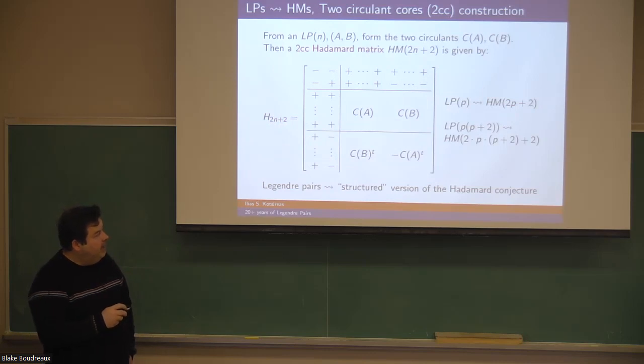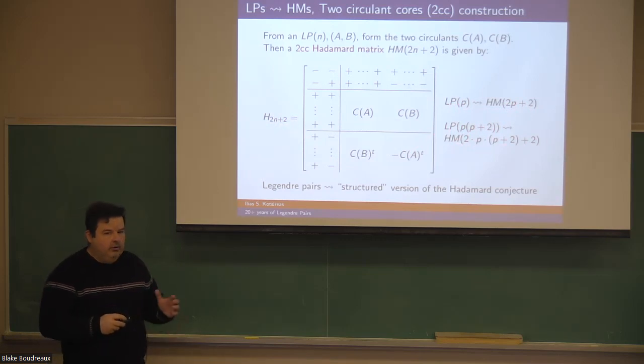So if you have a Legendre pair of order p, then you construct Hadamard matrices of order 2p plus 2 for every prime p automatically. From the twin primes construction, from this Legendre pair, you make up this Hadamard matrix.